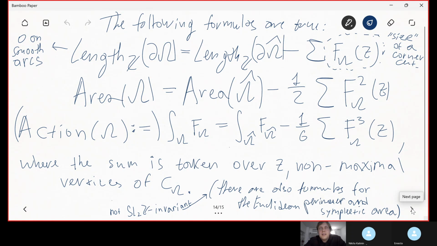Or otherwise, it's the values of this f omega series at the vertices of the caustic curve, of the non-maximal vertices of the caustic curve. So another way to approach these formulas, they can be seen as some kind of localization formulas. So for example, an integral of 1 over the domain, you localize it to the vertices of the caustic curve. And you can have an intermediate step in this localization.